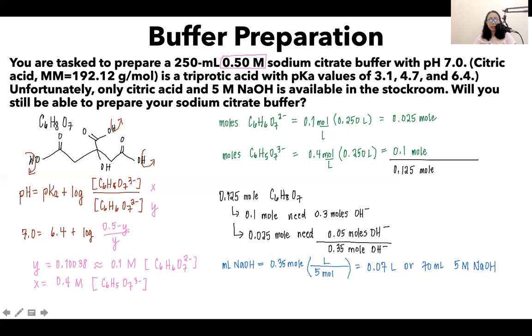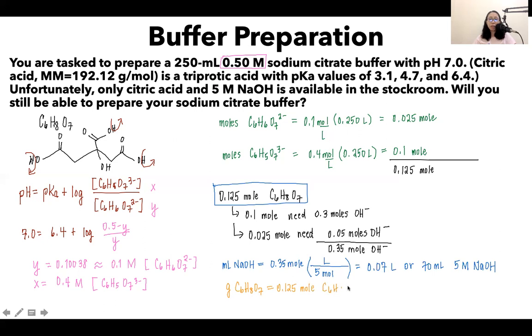And finally, we know that we need this amount of citric acid, so we can determine the mass of citric acid. We need 0.125 mole of citric acid.